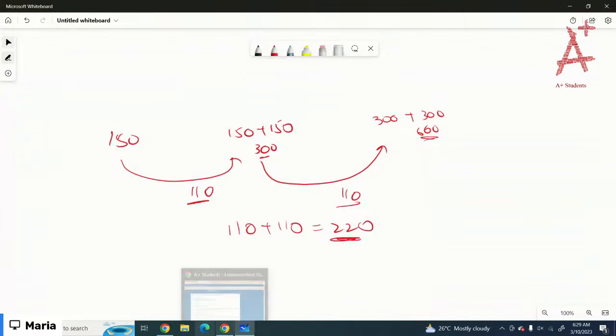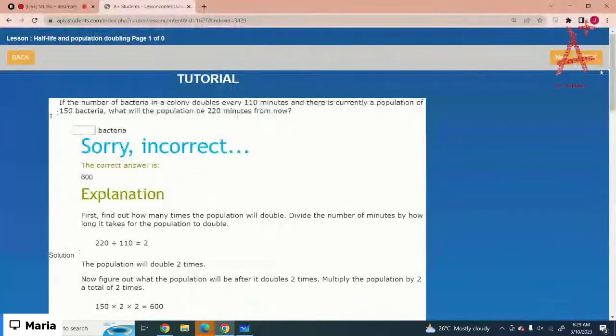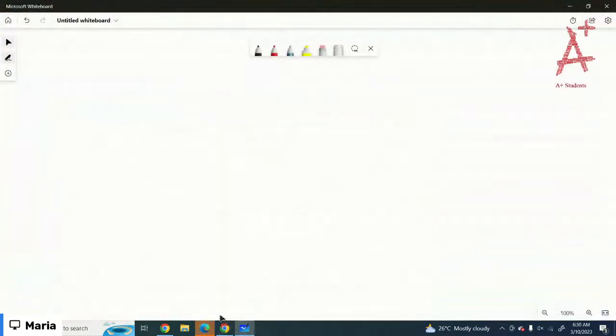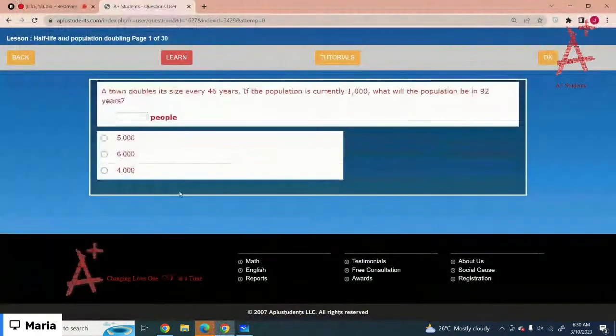Okay, let's just start with the test questions. A town doubles its size every 46 years. If the population is 1000, what will the population be in 92 years?